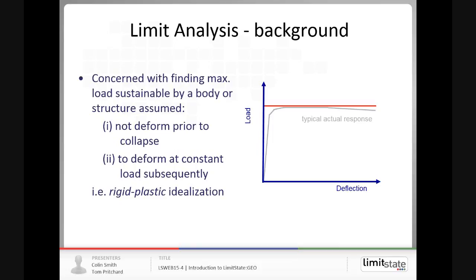In the graph on the right-hand side of this slide, the grey curve might be the typical response of your material, your soil, and we're basically idealizing it by that red line. And this is a classic sort of analysis procedure. It's been used in geotechnics for many, many decades and forms the backbone to many, many formulae that we use in geotechnics.